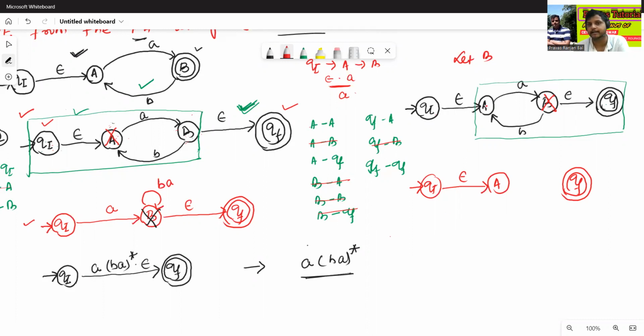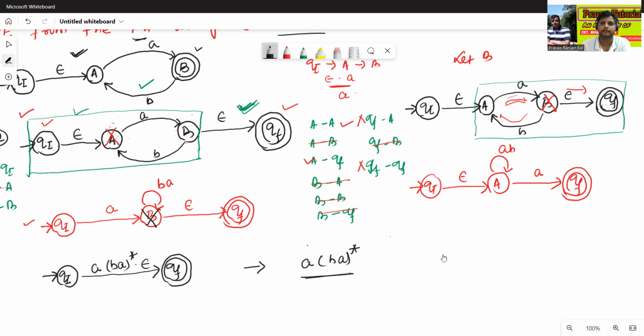Yes, A to B and B to A, which means a self loop AB. Done. A to QF: is there any path? A to B, A, then epsilon. This is A. Done. QF to A in the previous case: no. QF to QF: no. This is our final finite automaton.